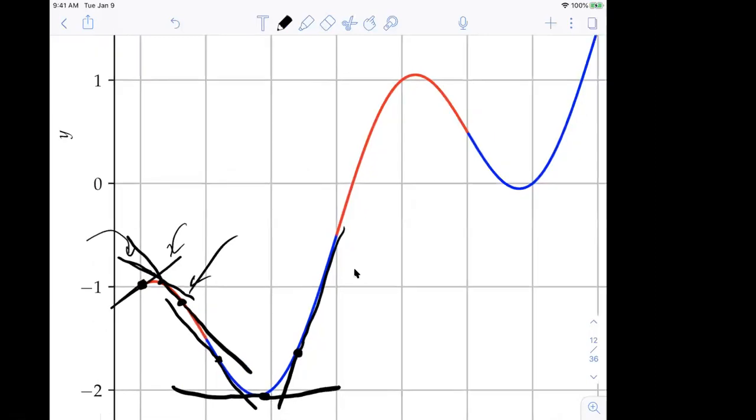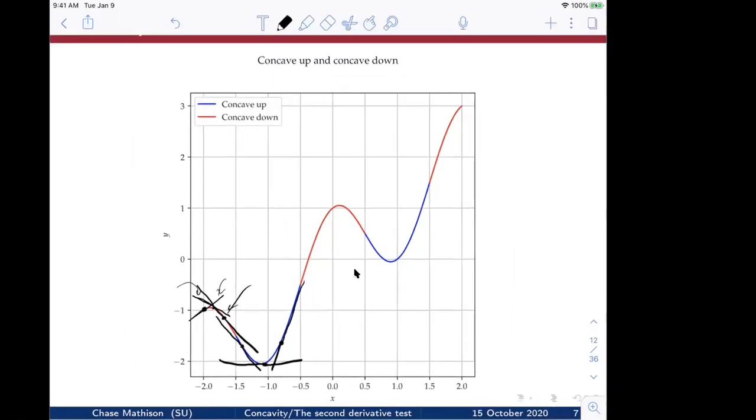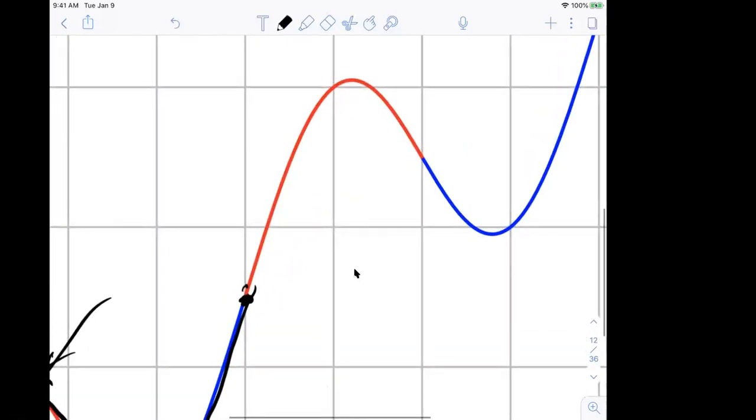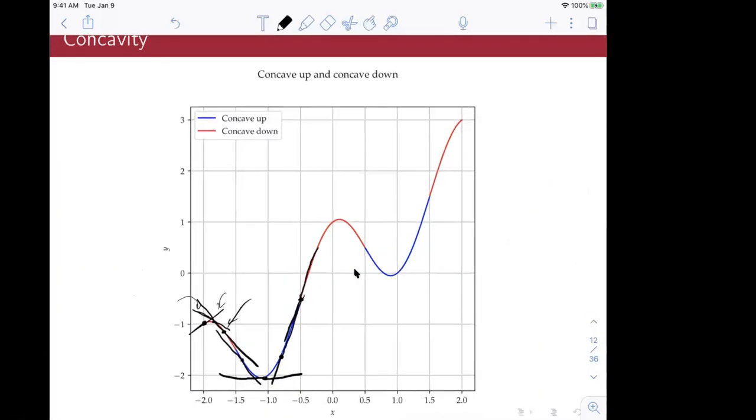This is the whole idea. And at the points where the function changes from concave up to concave down, it actually crosses through its tangent line.